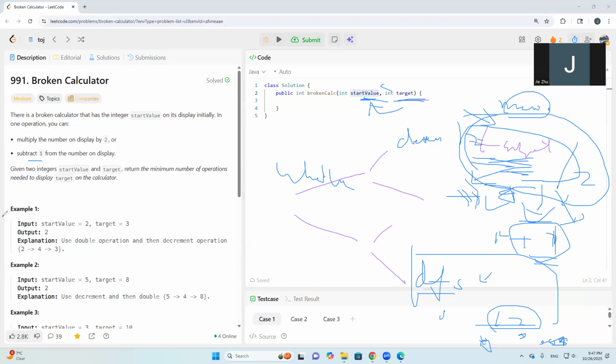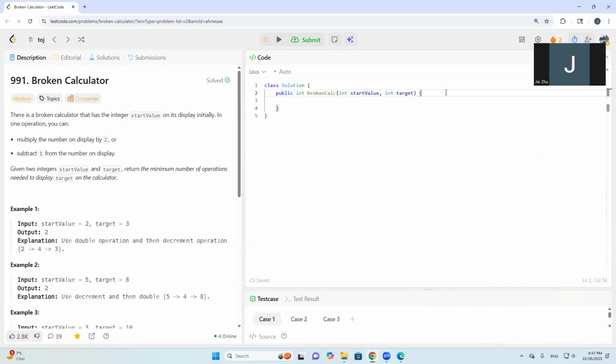So let's write code for this. We can have int operations equals 0, right? So what we do is, while the target is greater than the start value, we have two options.